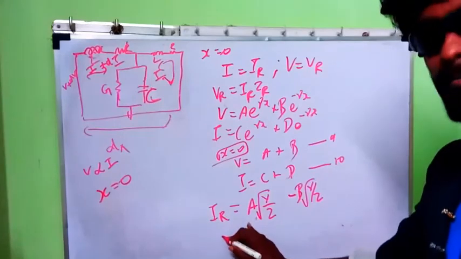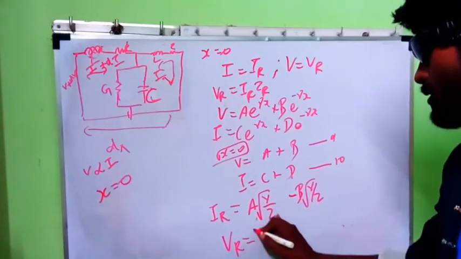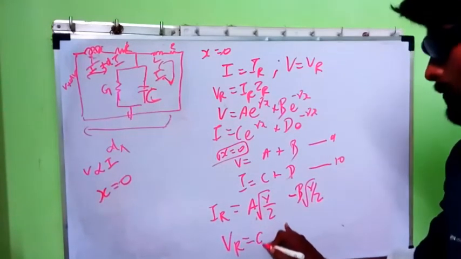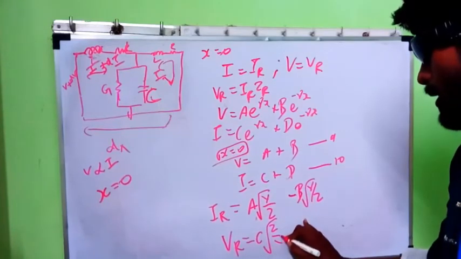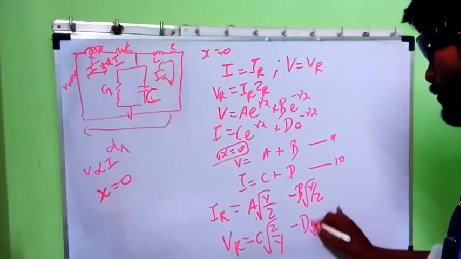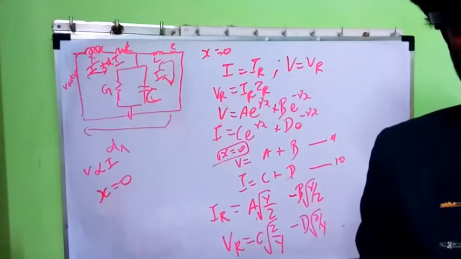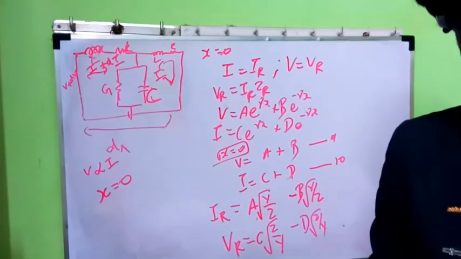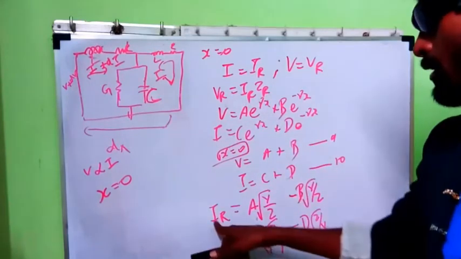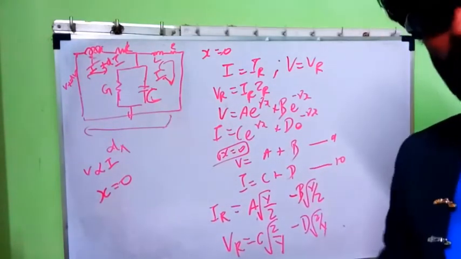And now the sign for the VR is equal to, here what I got, c root of z by y and minus d into root of z by y. You got the two terms, is it right? No problem. And then I'm just going to rub off this one. So you got the receiver current, you got the receiver voltage.